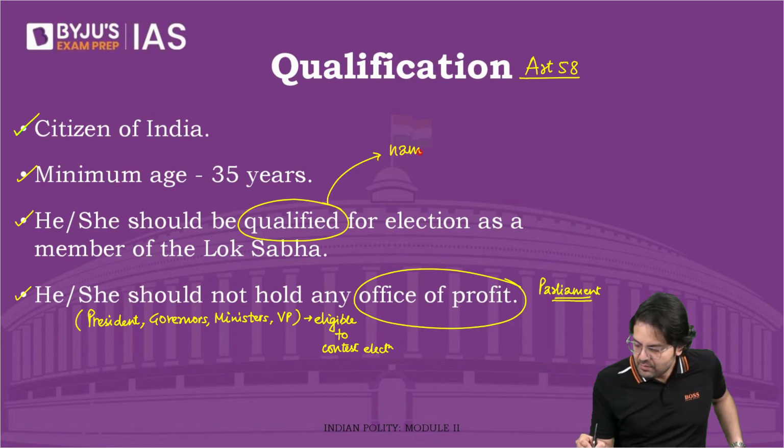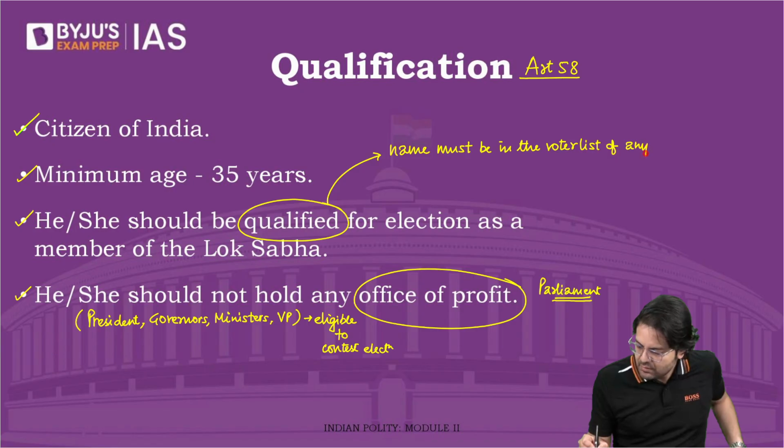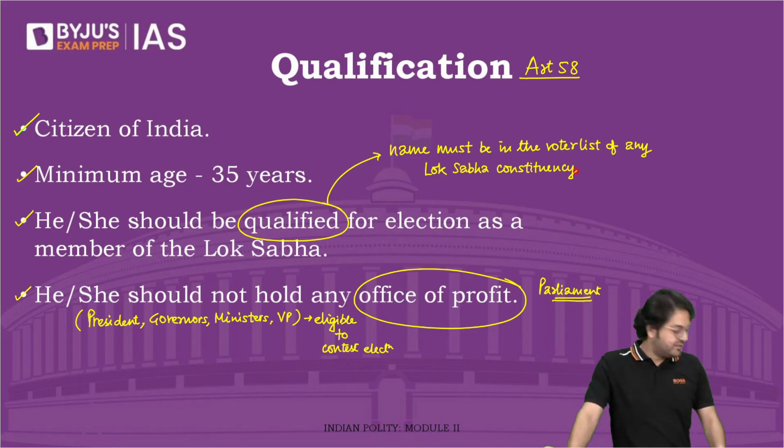Name must be in the voter list of any Lok Sabha constituency. Clear? So basically, somebody who wants to contest for the role of the president must be a voter in the country. That's the criteria.